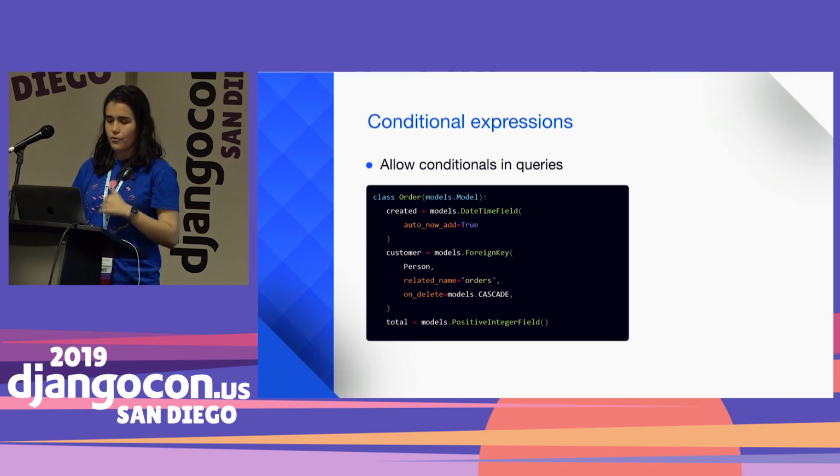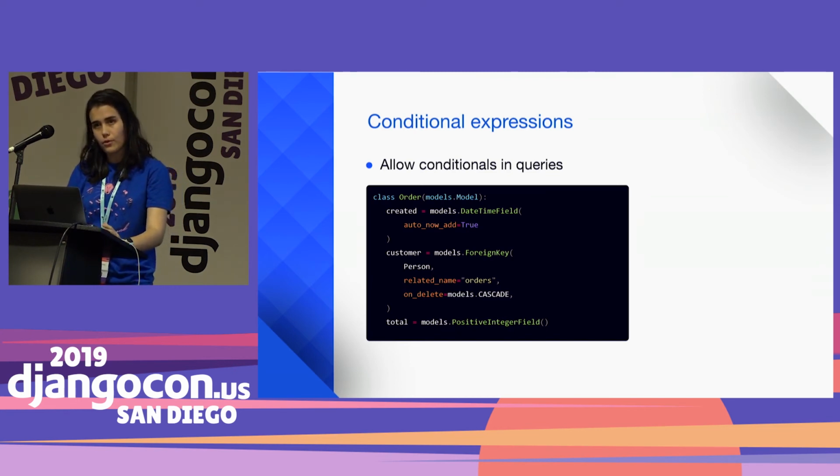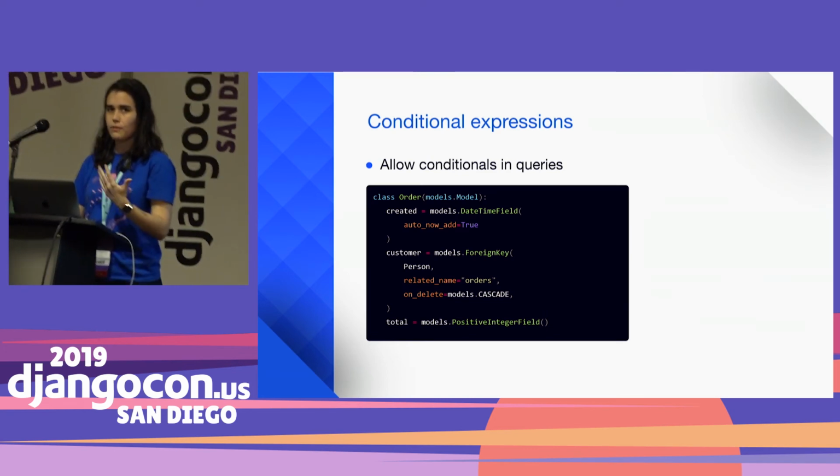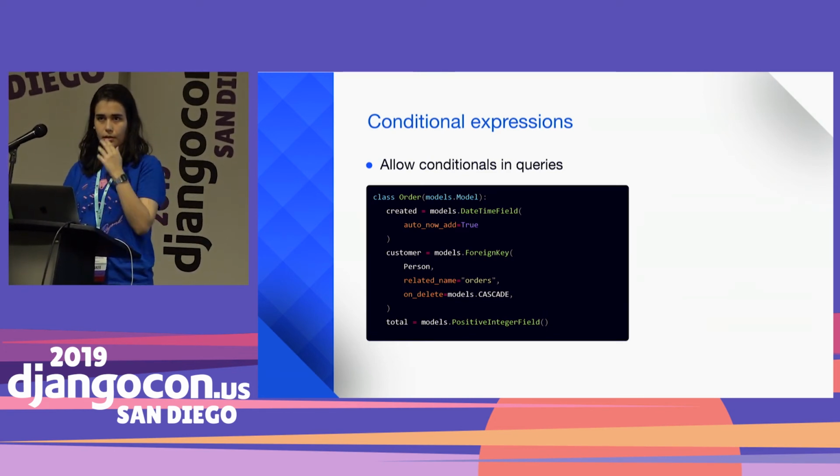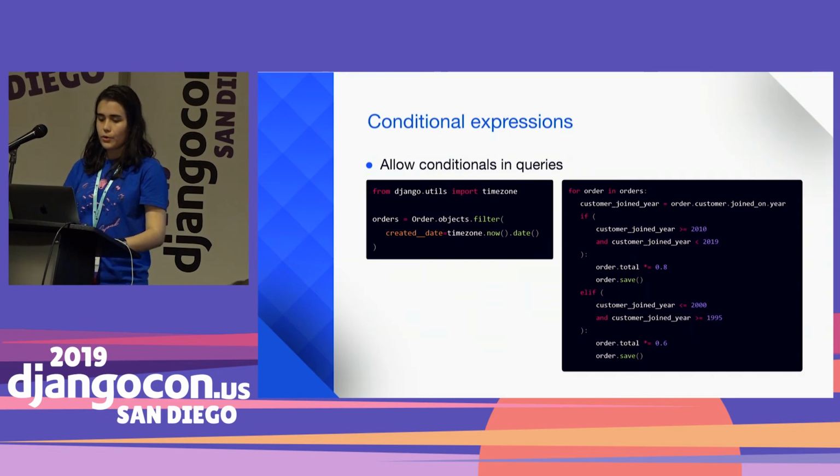So for our example, let's say that people can order things from some marketplace, commerce, and let's give them a discount if they are loyal customers. So using the orders for today, let's check if the user joined our system this decade.